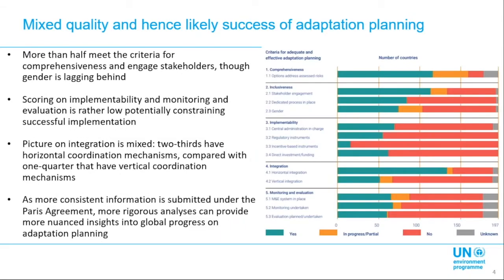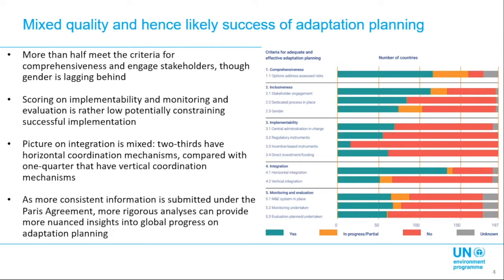Unfortunately, that quantitative progress is not matched with the quality and hence likely success of adaptation planning. When we look at the 5 criteria, while more than half meet the criteria for comprehensiveness and most of them engage stakeholders, the scoring on the other indicators is lower.